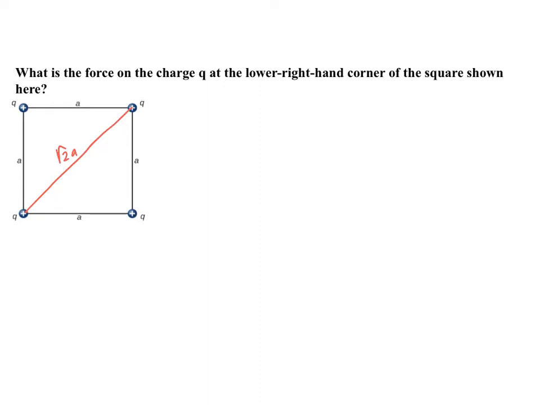So how would you know that? Well, if you just had a 1, 1 triangle, the hypotenuse is going to be root 2. 1 squared plus 1 squared is 2. Square root of 2 is square root of 2. All right, so regardless of what the size of the square is, the diagonal is always root 2 times the side of the square. All right, so we're banking on that prior knowledge of your calculus.